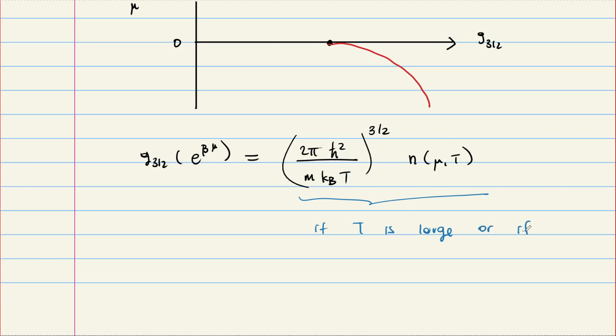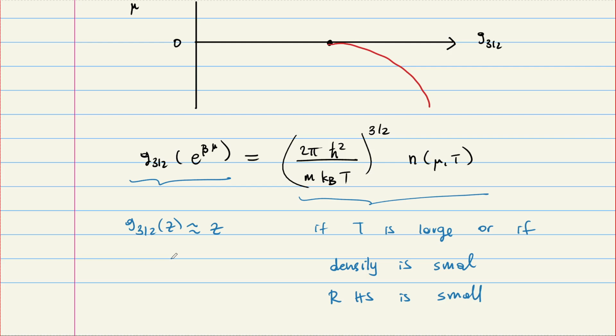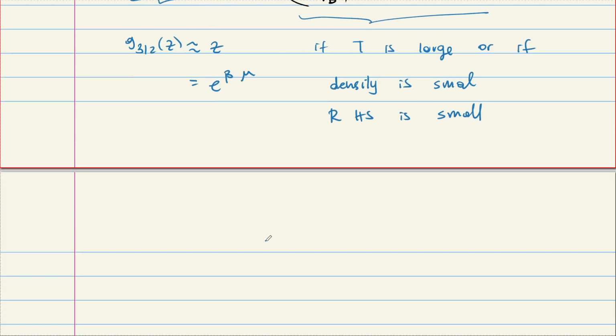Or if density is small, the entire right hand side is small. If this side is small, I can expand this side. This is like a power series. I can just take the first term, so g_{3/2}(z) is approximately z. The first term in the series is z, and z is e^(βμ). Then I can solve it for μ.